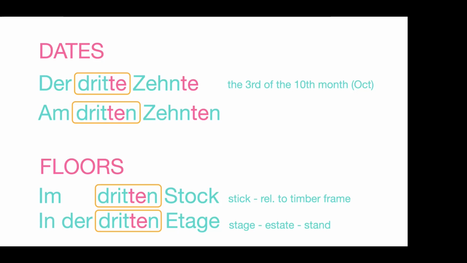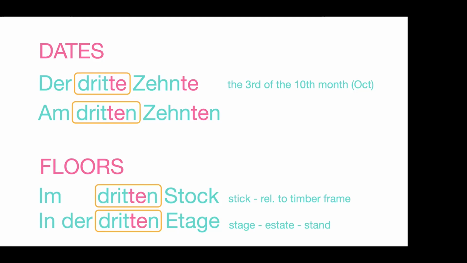And you see that dritte now kind of functions as an adjective and gets an ending as any other adjective would. And Zehnte as well, even though it's capitalized. So these are beautiful things to explore at one point, but not in this masterclass.